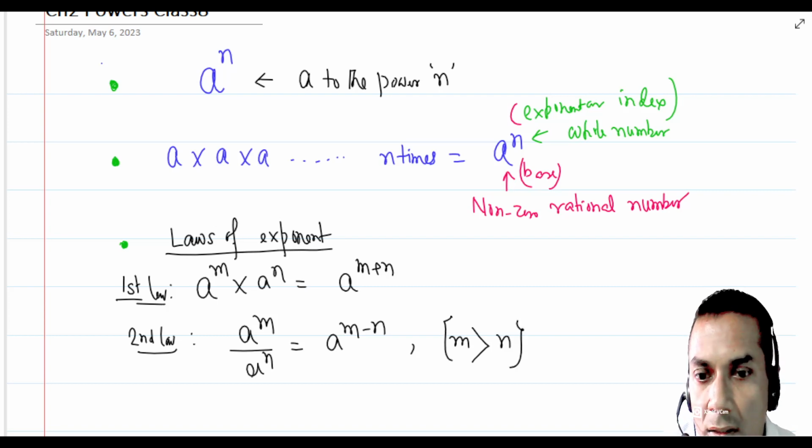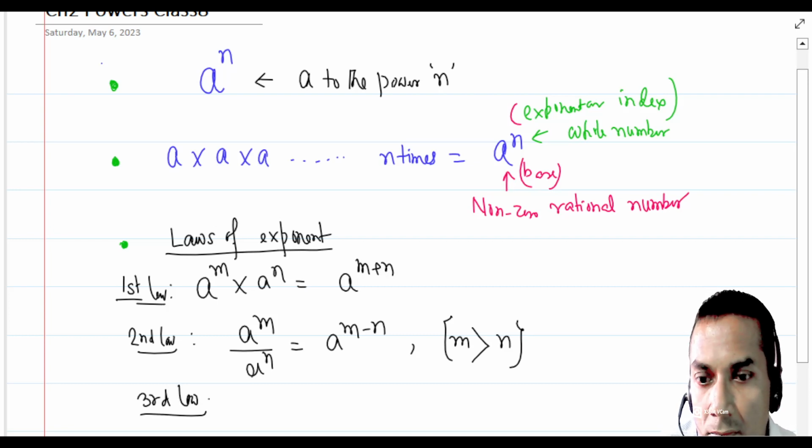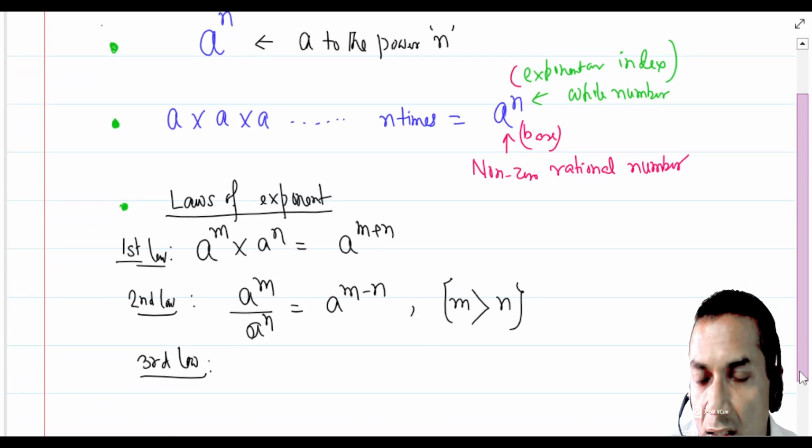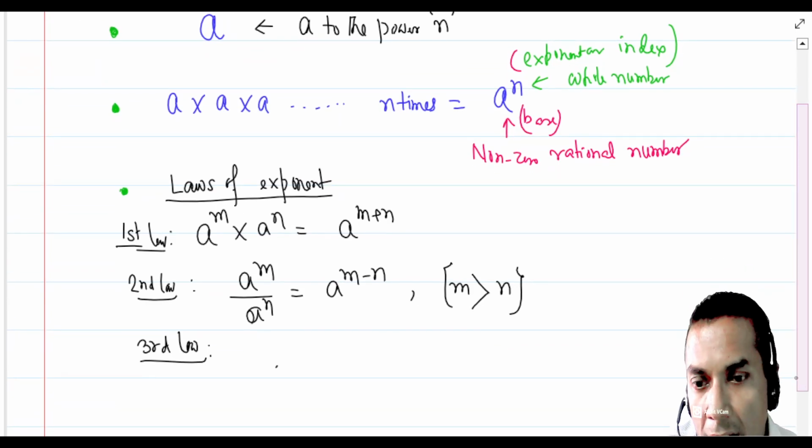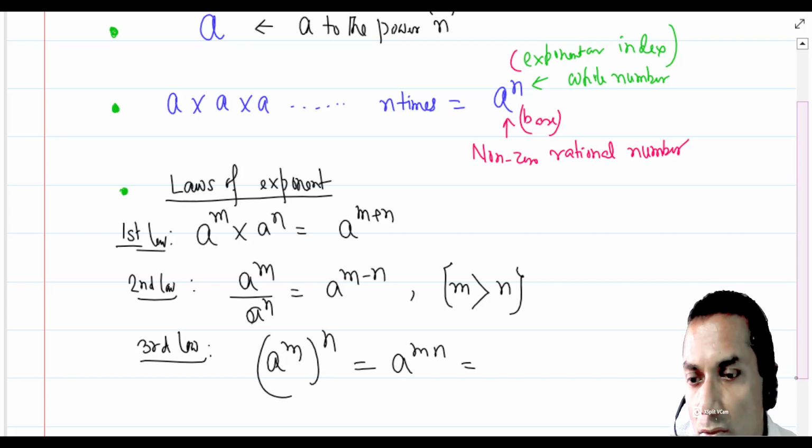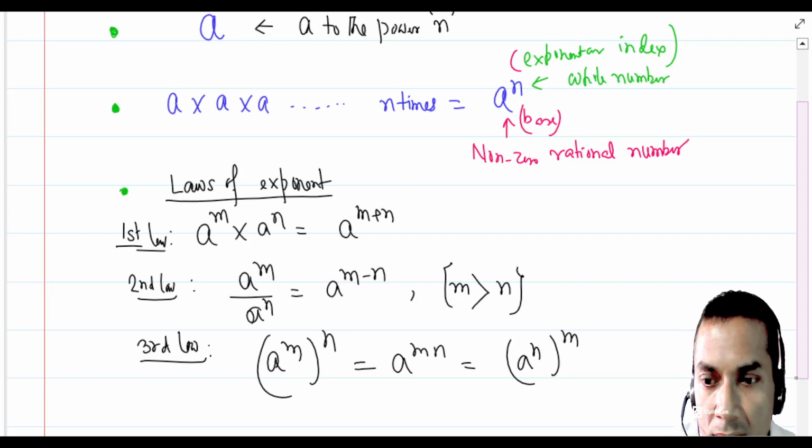What is the third law? For the second law also the bases are the same. A to the power m, to the power n, is equal to a to the power mn. Clear?